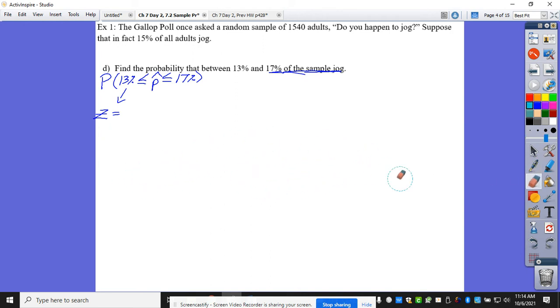So we're going back to what we did in chapter 2 here. So what's our value when I'm doing it for this one? So 0.13 minus our mean, which is 0.15, divided by 0.0091.